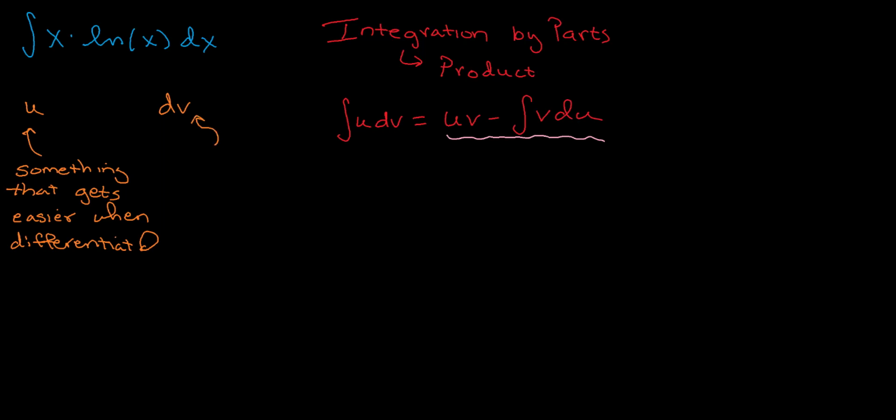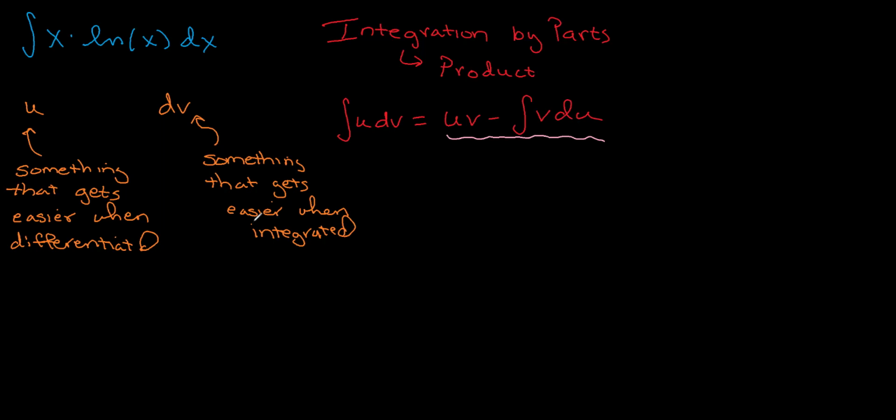I mean, I've got a choice here. I've got x, I've got ln of x. Who's going to be u? Who's going to be dv? I've got to make these decisions. And dv, I want to choose dv to be something that gets easier when I integrate it. And it might not get easier, but it certainly doesn't get any more complicated.